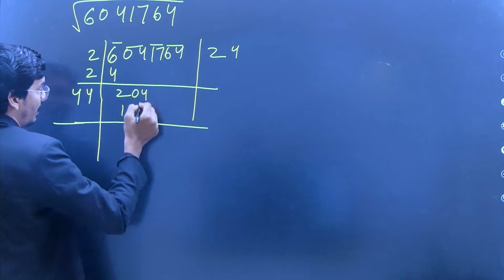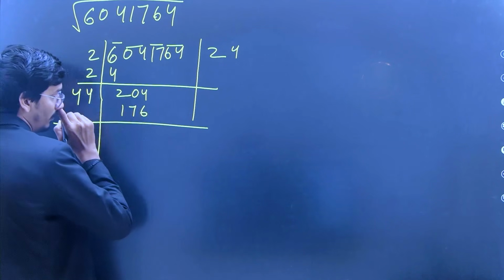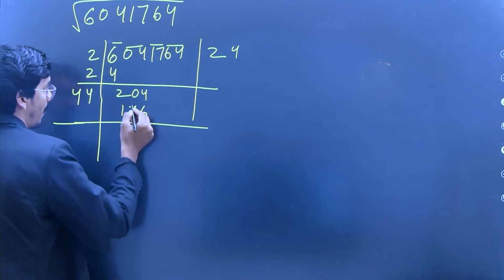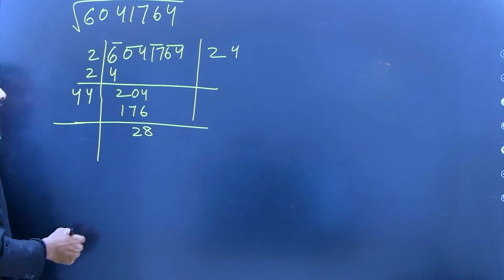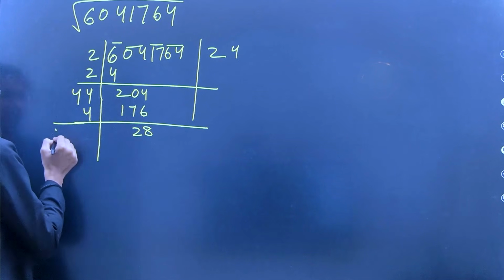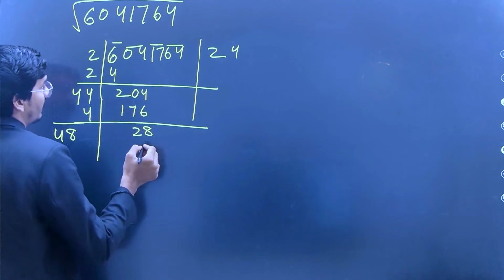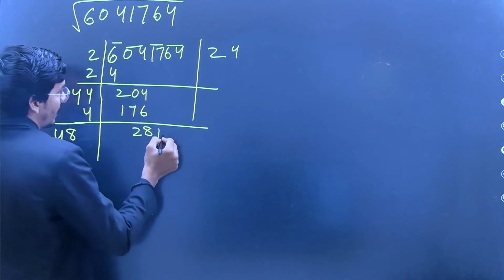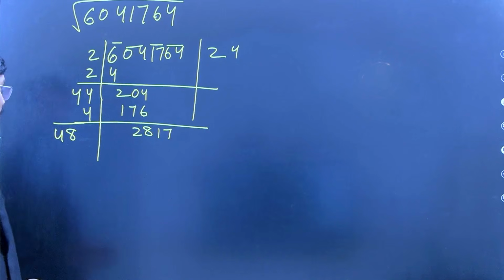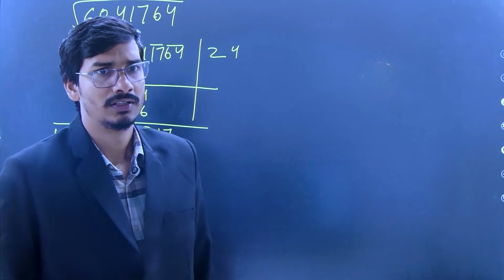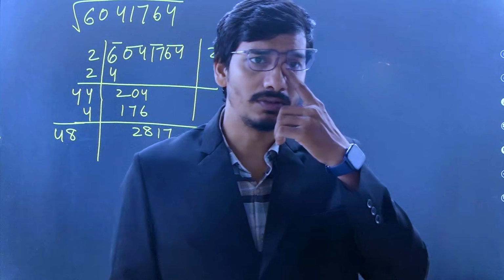When you subtract, we'll get 8, 9, 2, 29. Again add 4, so it's 48, and this becomes 17. Now how many times 48?